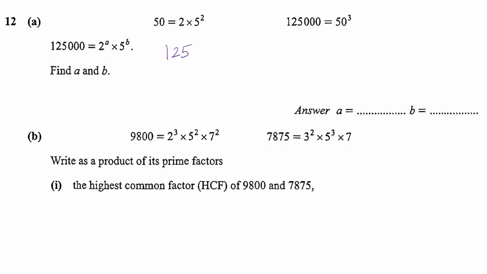Right? So not to worry, it seems like there's a lot of information to process. We start off by writing 125,000 using this information, which is equal to 50 cubed. And we're going to replace this 50 with this information, so that will give us a bracket.